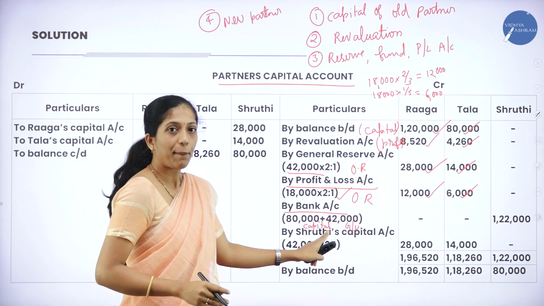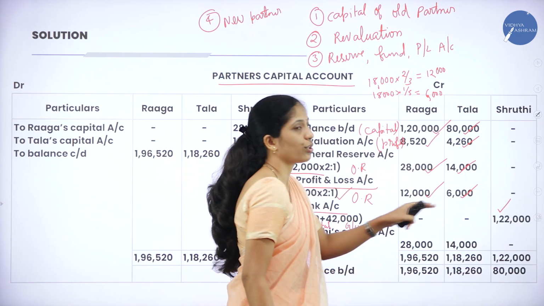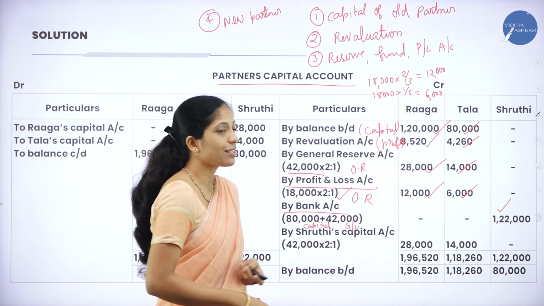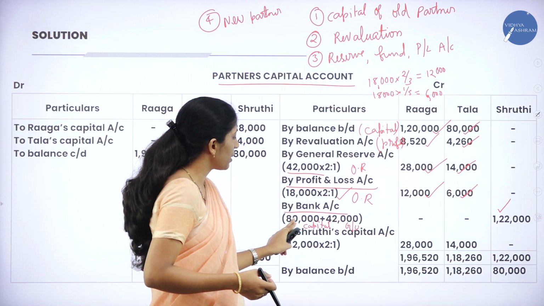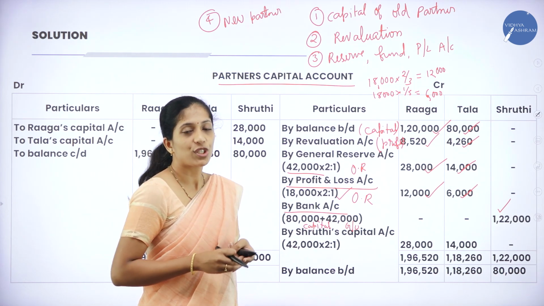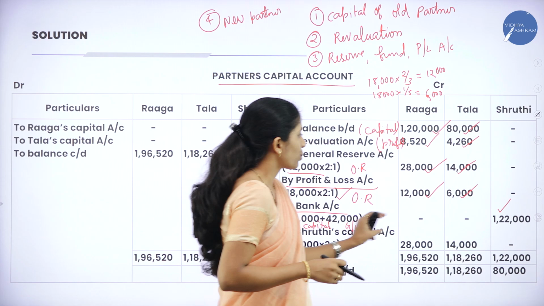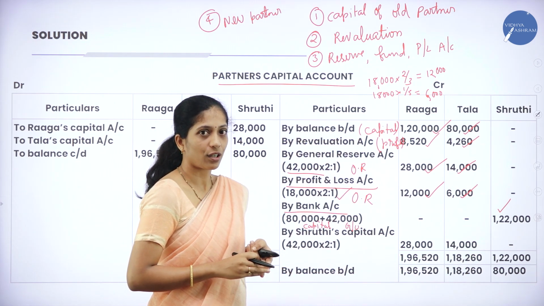Add both and write in the new partner's column. The new partner is Shruti, so in Shruti's column, 1,22,000. By bank account, 80,000 is the capital of the new partner and 42,000 is the goodwill brought by the new partner. Total it and write in Shruti's column, that is the new partner's column.